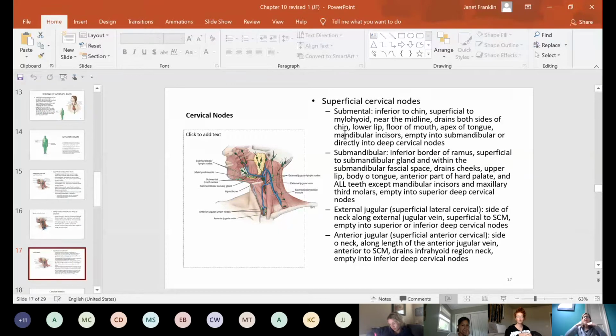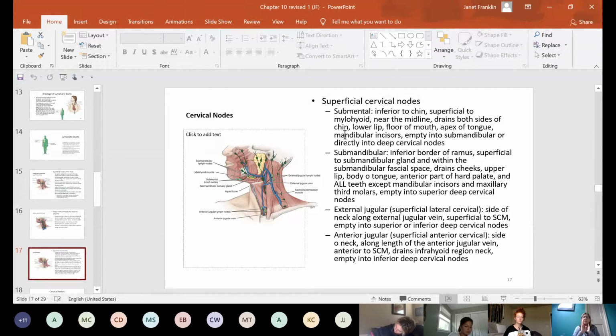So after the lymph drains into the submental nodes, they then drain into the submandibular. So remember, submental is right up in the anterior part. Submandibular is going to be more back here, which we also feel. We take our fingers and we roll the nodes there too.